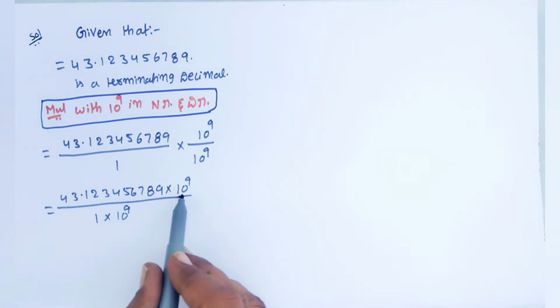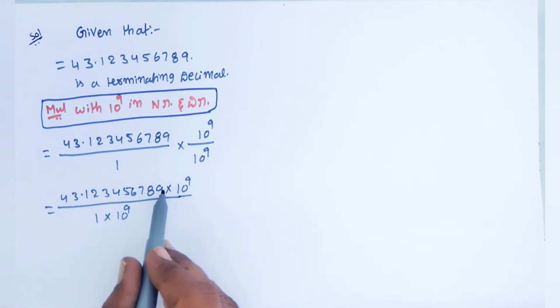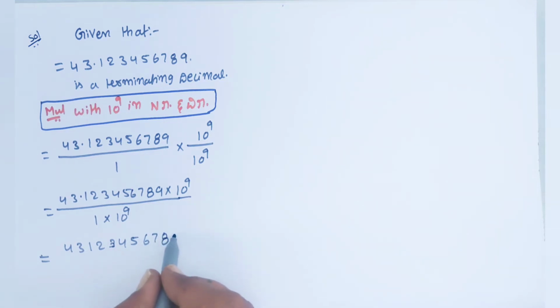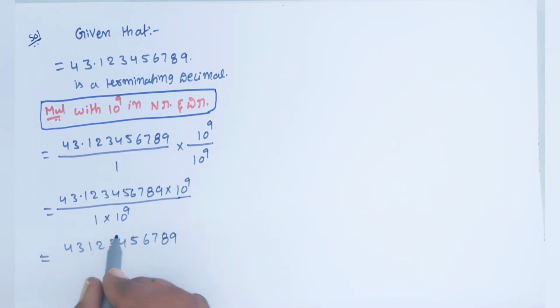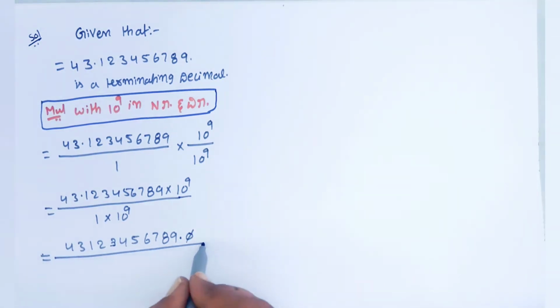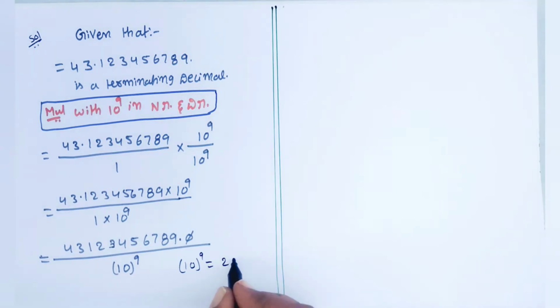Here we multiply with 10 power 9, so the decimal point moves 9 digits to the right, divided by 1 into 10 power 9, which is nothing but 10 power 9.